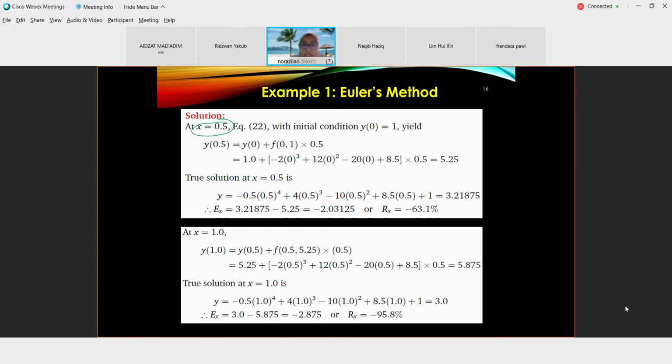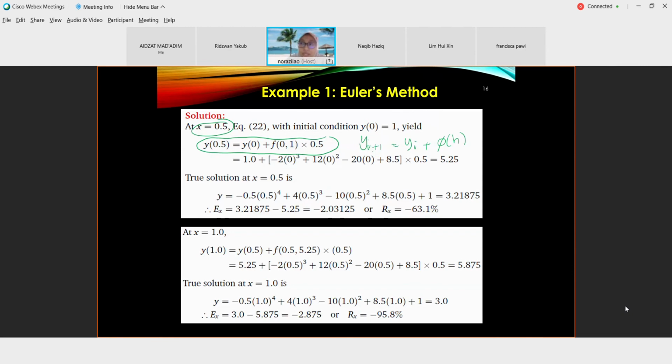So kita guna equation yang ini ya. Dalam minda kita, we always use general equation for Euler: y i plus 1 equal y i plus phi h. Phi tadi f x i, y i lah, equation yang diberi. So you tengok, at x equal to 0.5, so y 0.5, because i dia dah tambah satu langkah.